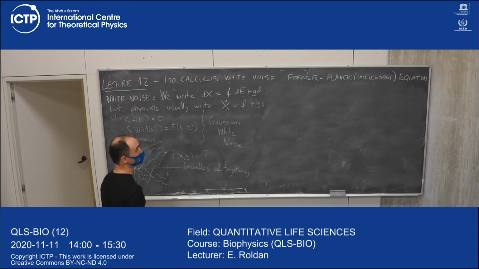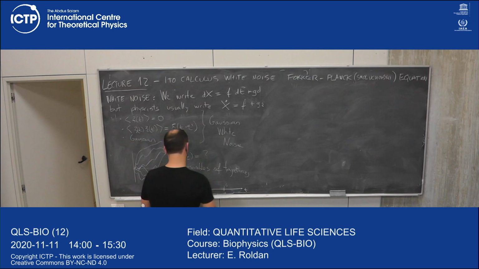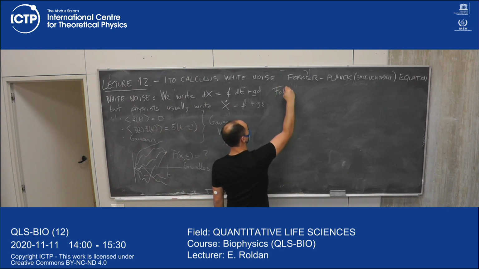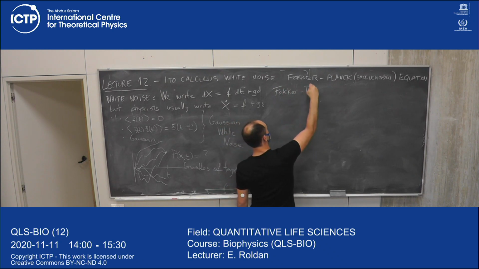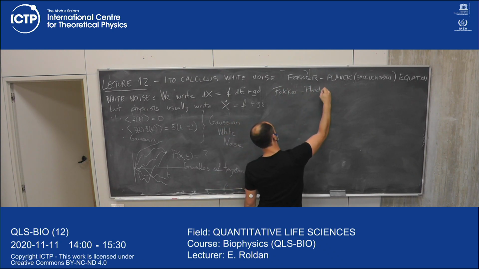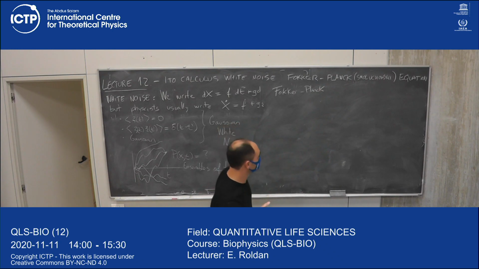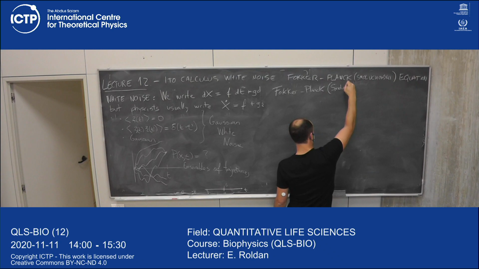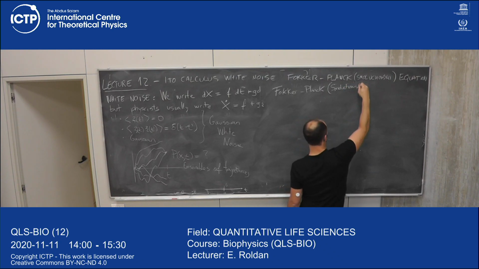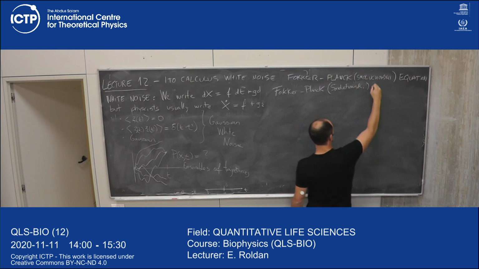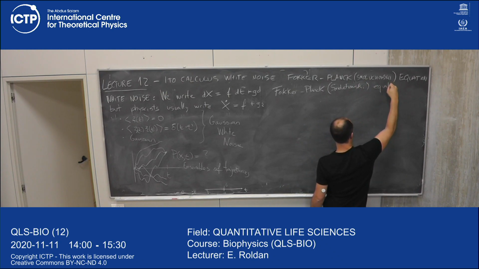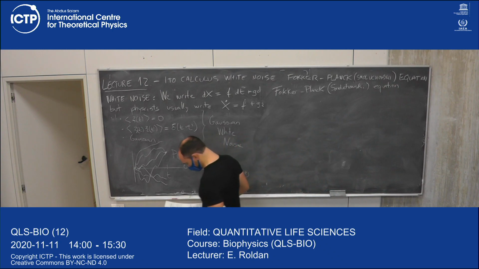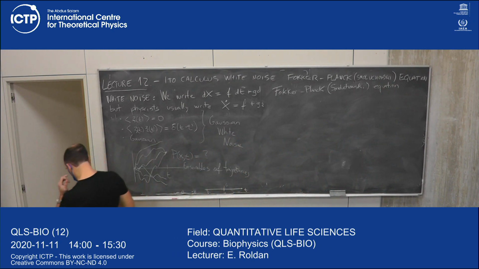For this we need the so-called Fokker-Planck equation. Sometimes it is also called Smoluchowski, because possibly it was derived almost at the same time as Smoluchowski. Okay, so what I'll do is the following.